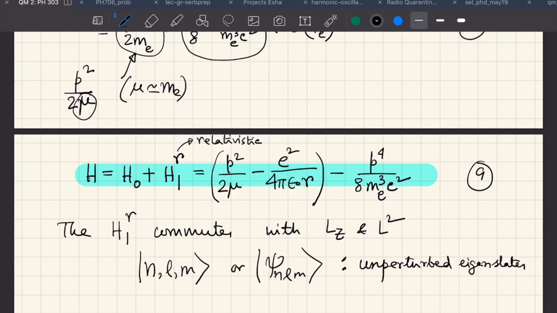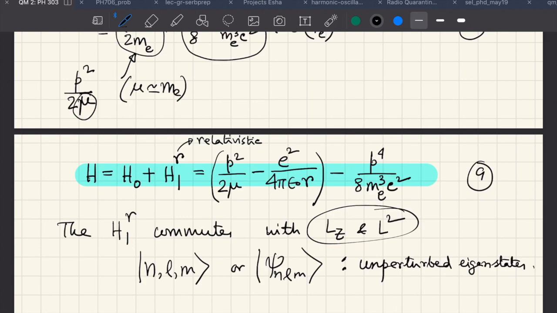But as it turns out, because we have figured out these operators which commute with H0 and H1r, these psi NLMs are also the good states for the problem, and N, L, M are the good quantum numbers. Therefore, even though there are degeneracies, the theorem that we had proved earlier applies.